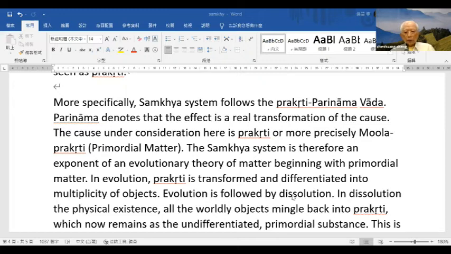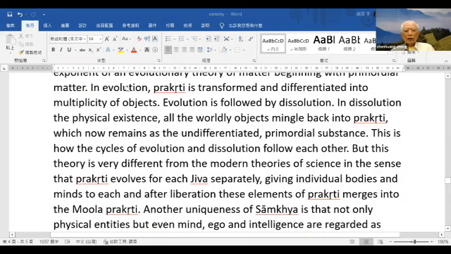Evolution is followed by dissolution. It means that dissolution certainly comes from evolution. Evolution means to produce something, and dissolution means to dissolve something. Something will disappear. In dissolution, the physical existence or the worldly objects mingle back, come back.